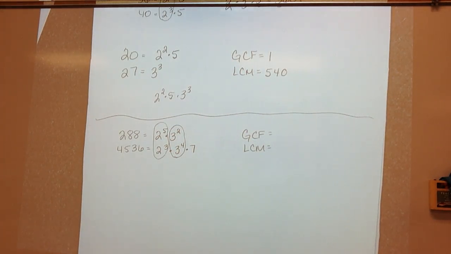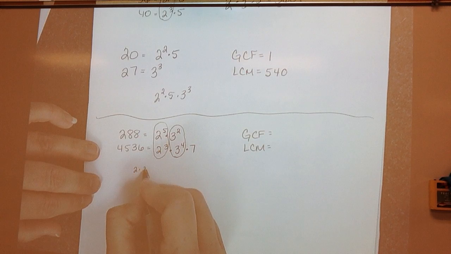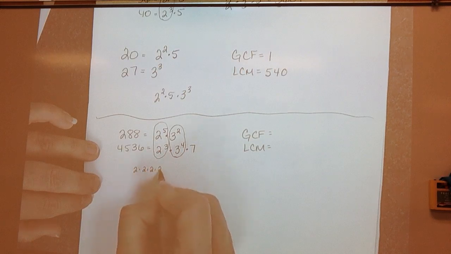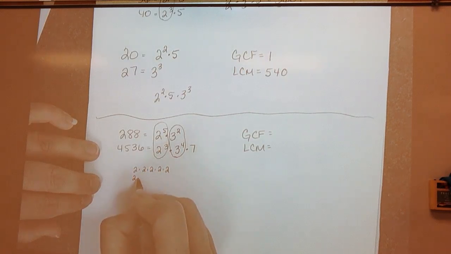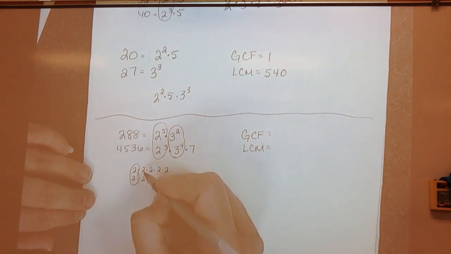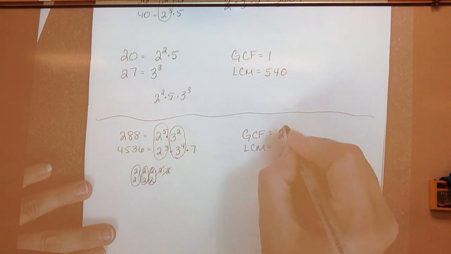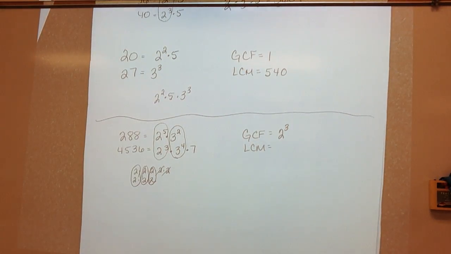Okay, so remember, I need to figure out what I can pull out. I can look at it like this. There's a 2, there's a 2, there's a 2. These extra 2's I can't do anything with because there's not a common one. So, in order to find the GCF, I'm going to have to multiply 2 cubed.